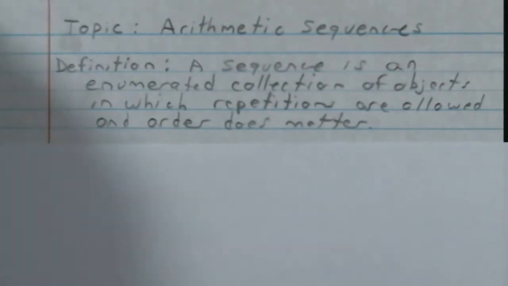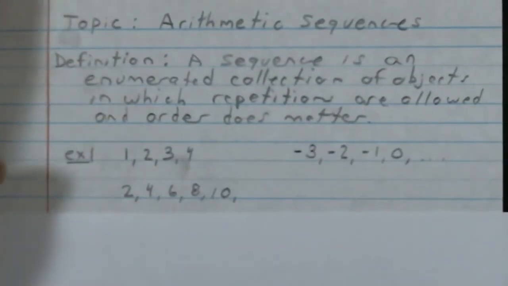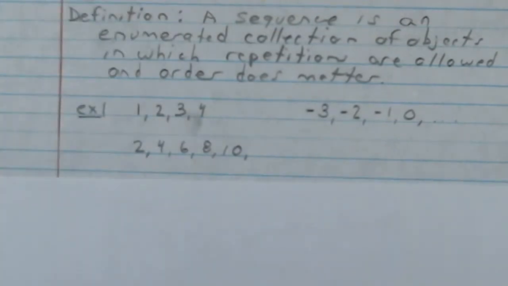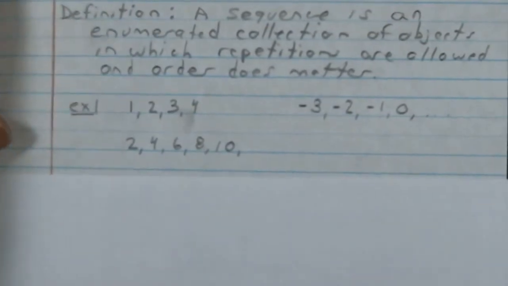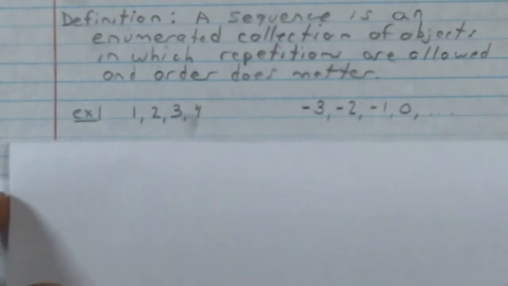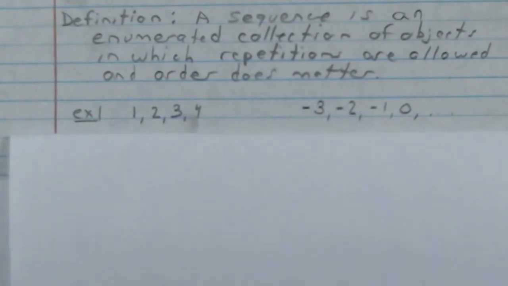So here we go. Let's look at these three examples and decipher what's going on with each of these, because that's part of discovering in math. You have to discover what you're doing. This first one: 1, 2, 3, 4.